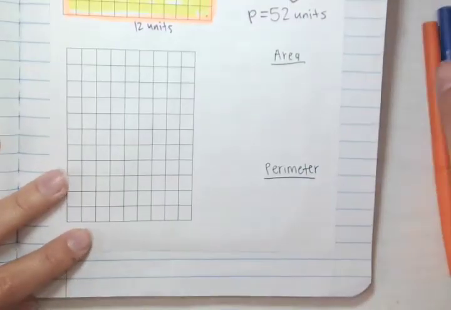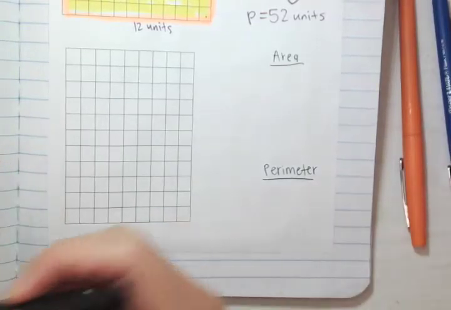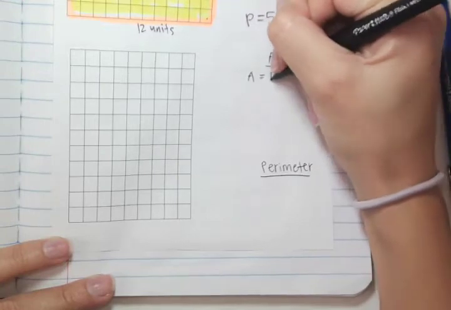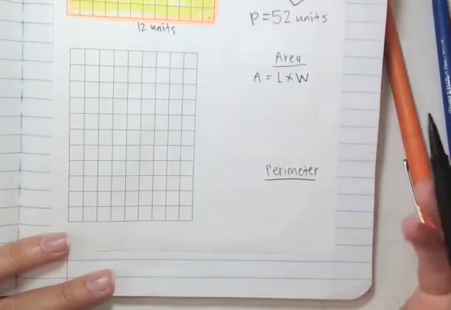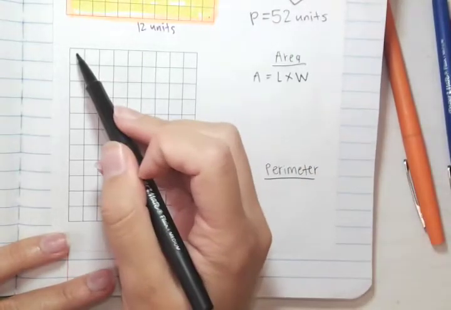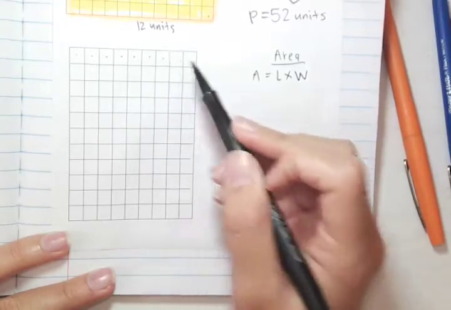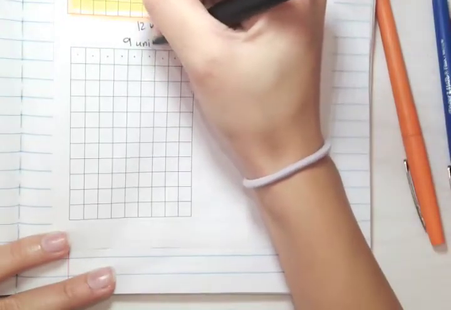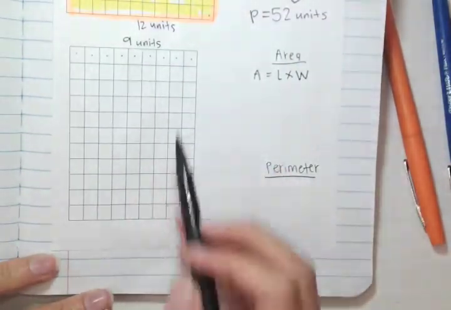Okay, so we know that area equals length times width. Okay, so let's figure out what our length is. 1, 2, 3, 4, 5, 6, 7, 8, 9. So 9 units this direction. And we know that the top and the bottom are exactly the same here.